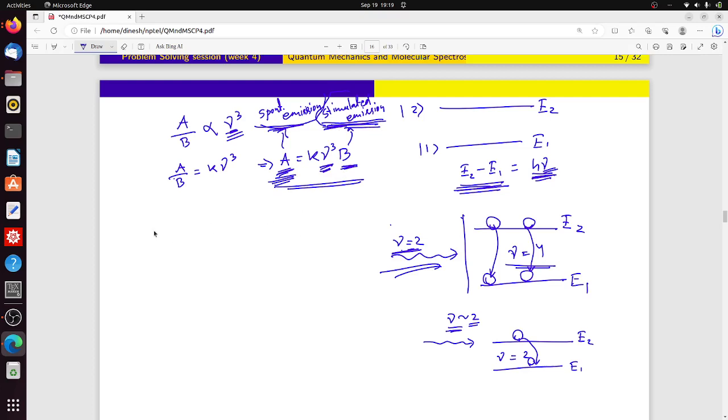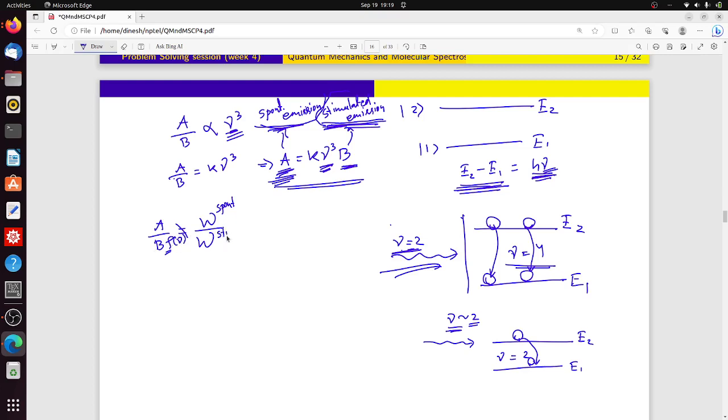So what we have to find then? The A over B ratio, right? Or this rate of transition ratio, spontaneous over stimulated. This is not equal to A over B, there will be some state density there.